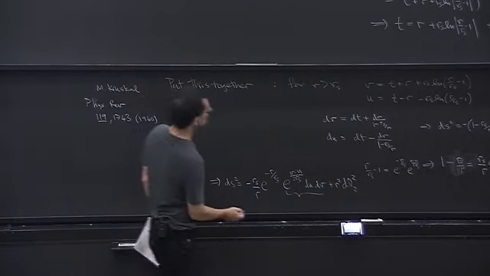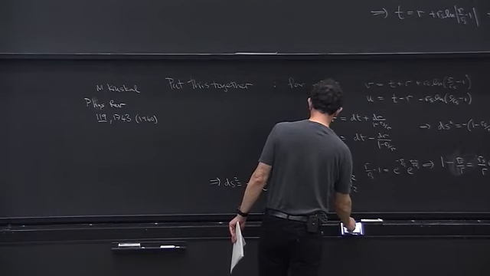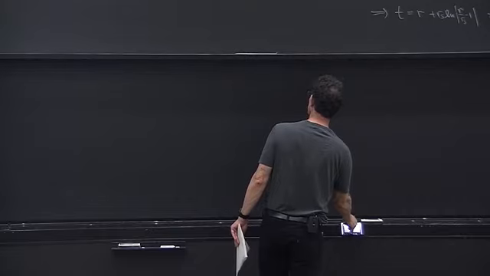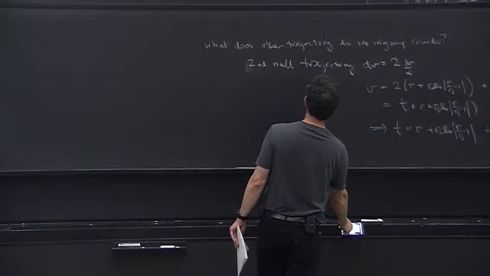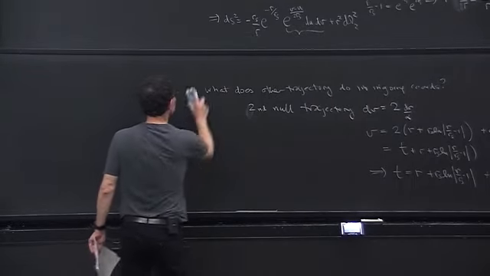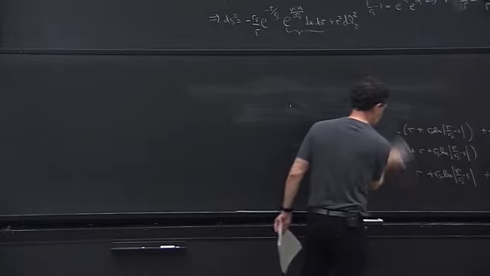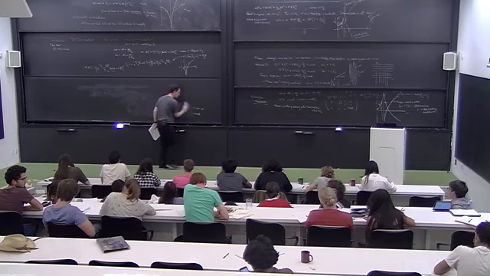so let's do that on another board. So this looks absolutely and completely fine at r equals rs.